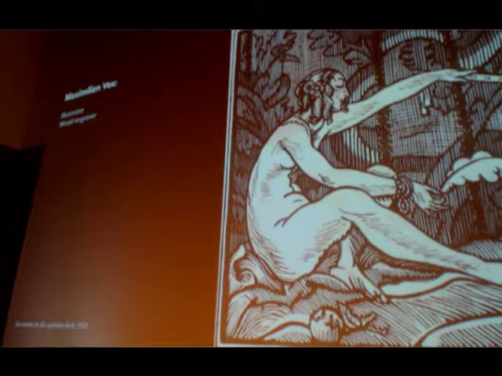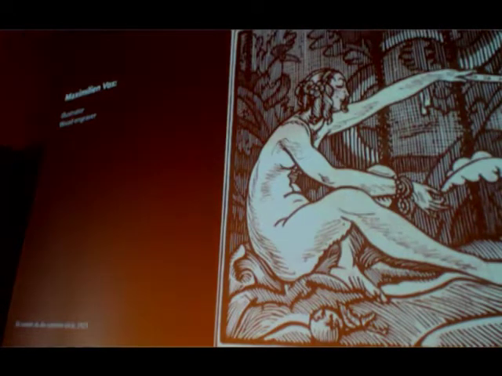Maximilien Vox was an illustrator and a wood engraver, but also an editor, graphic designer and typographer. He also collaborated with various publications during his youth.